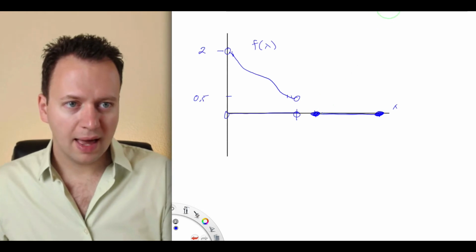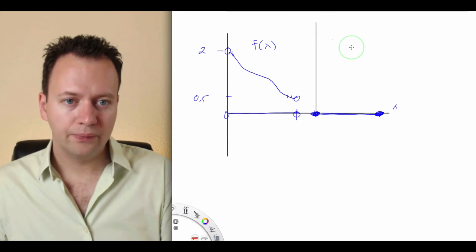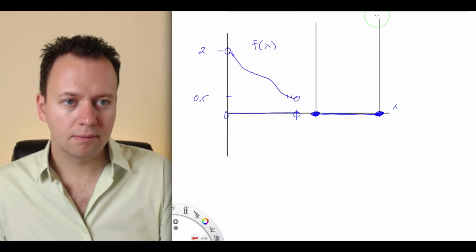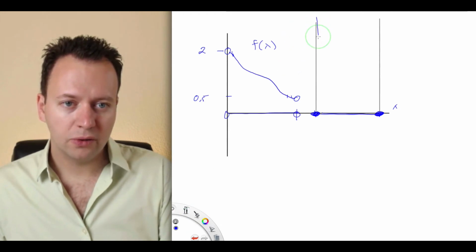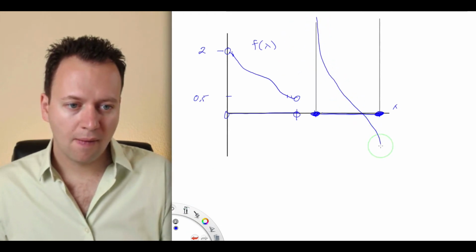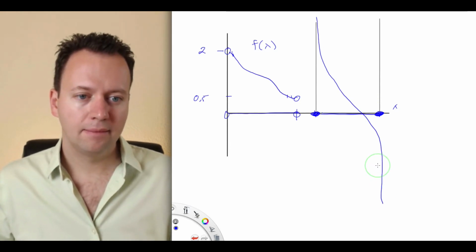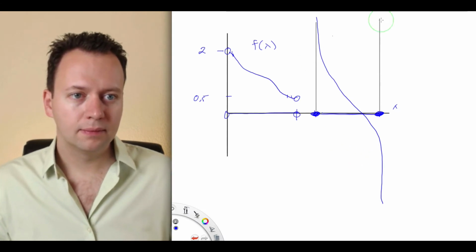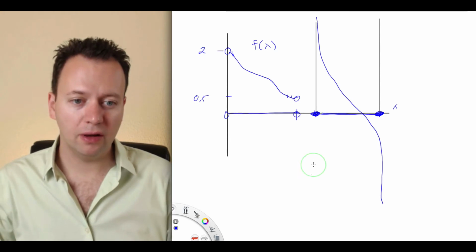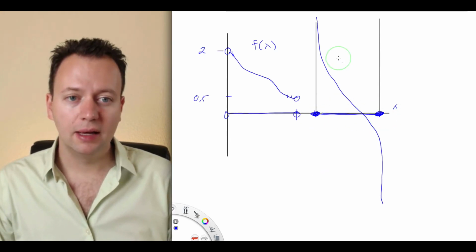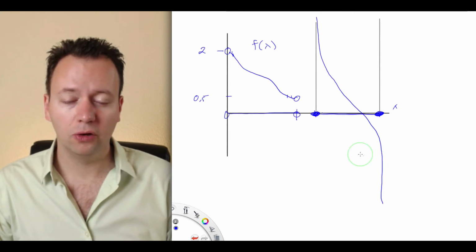So I might have, for example, a vertical asymptote like this. By itself, if I exclude the boundary points, this will not have a local min or a local max.